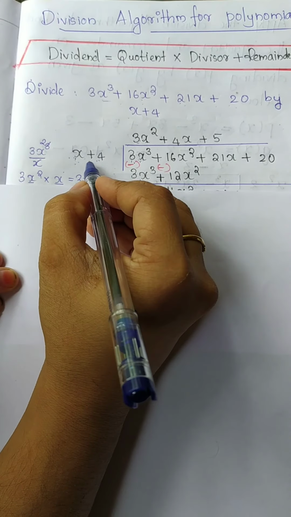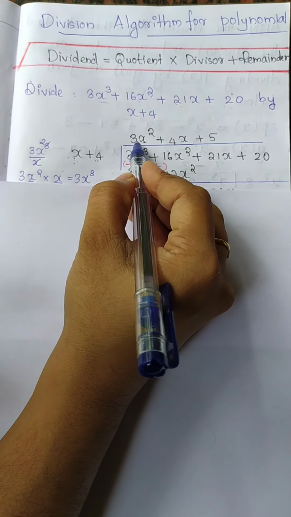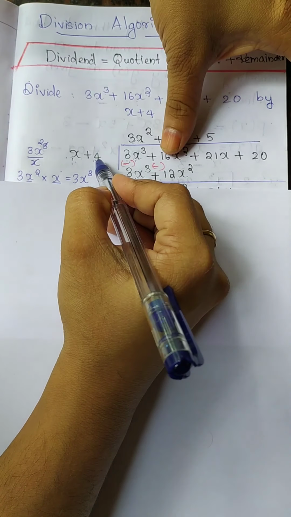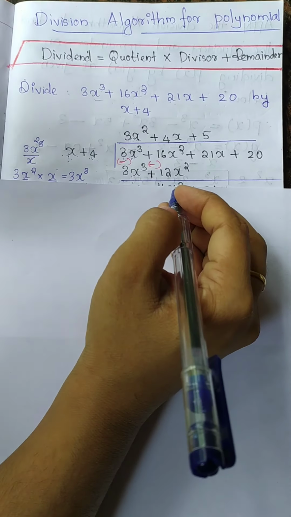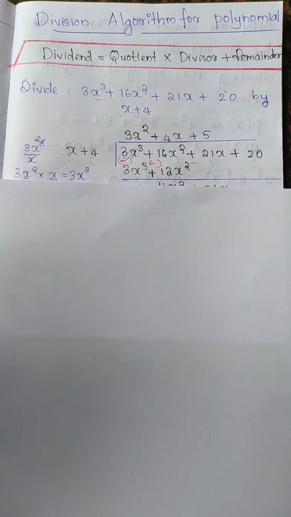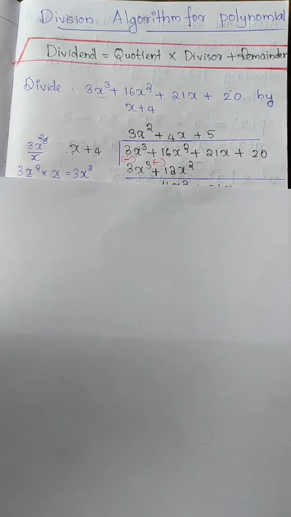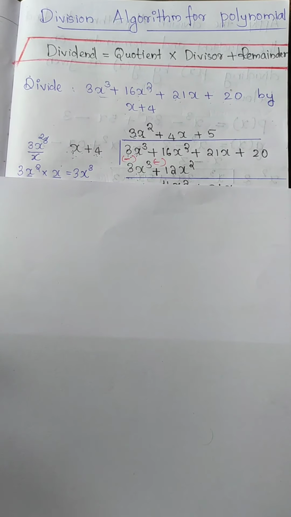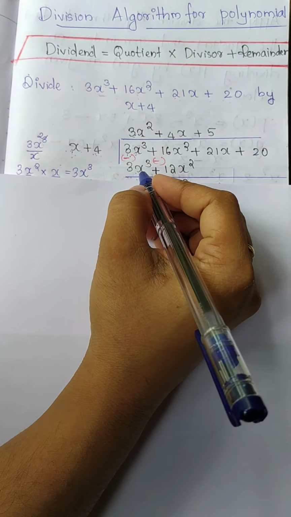Next, in the divisor 2 terms are there, so next we have to multiply the other term. 3x square into 4 means 12x square. So write this. Here only 2 terms, so that is enough. Now we have to subtract. In every division process, when we get the second terms we subtract.